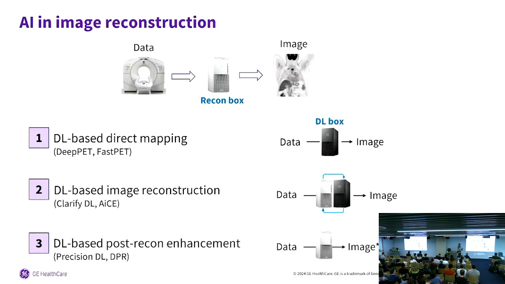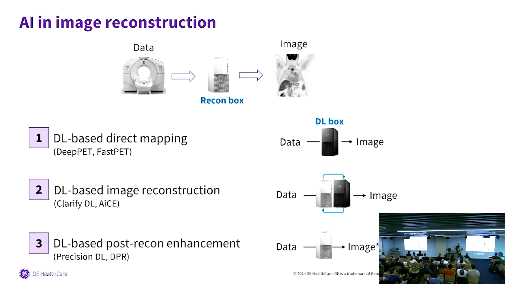If you want to use AI in some form, whether generative or simple CNNs, there are different pathways you can leverage these networks, like that black box, you don't know what it is, but there are different ways to deploy it within the reconstruction. Three approaches: direct reconstruction. You send the data in the form of sinogram or list mode into that black box, and it generates the image.